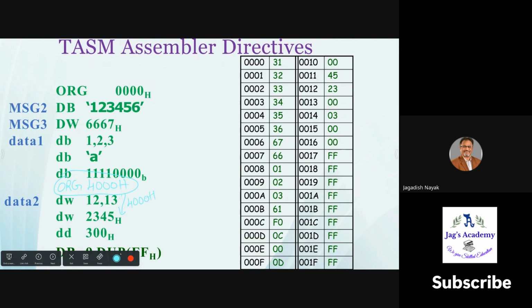Now tell me, in this table, where should I change? Can somebody unmute yourself and tell me the answer? Come on. Hope you're all active, not sleeping. You can put it in your WhatsApp group.